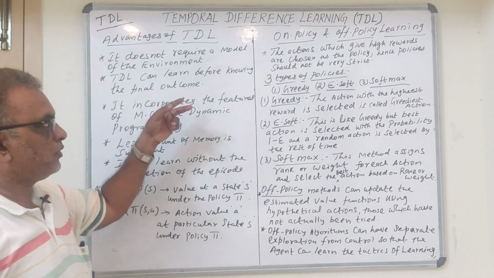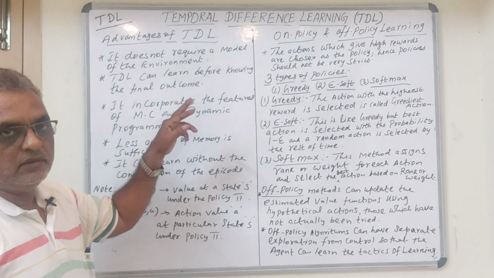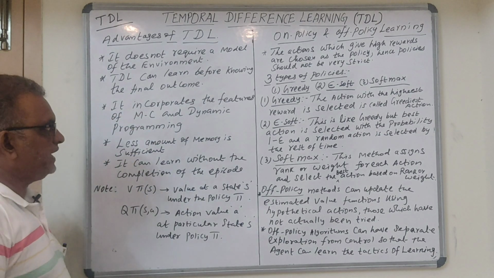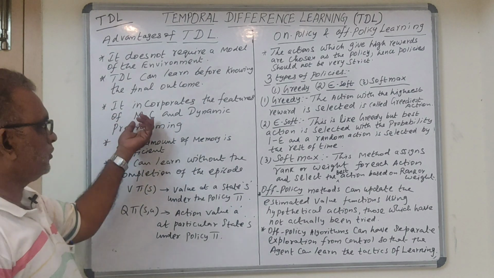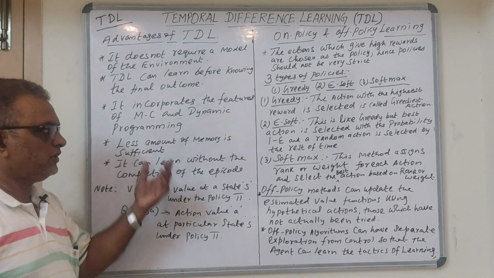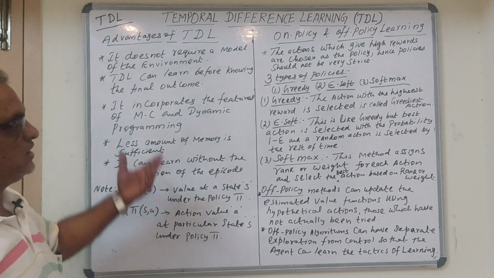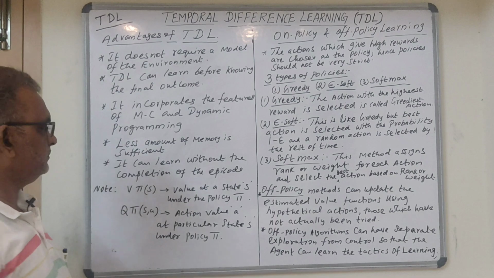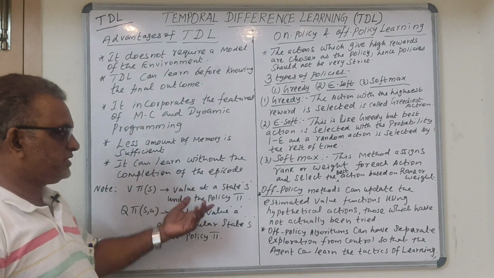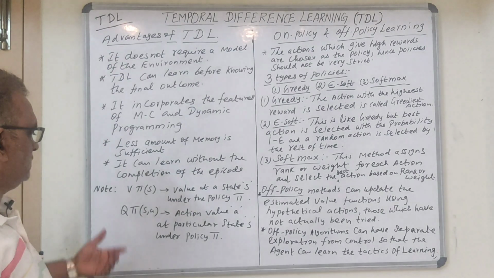With the help of dynamic programming, it is able to calculate the values step by step. It incorporates the features of Monte Carlo and dynamic programming. A smaller amount of memory is sufficient as far as TDL is concerned. It can learn without the completion of the episode.